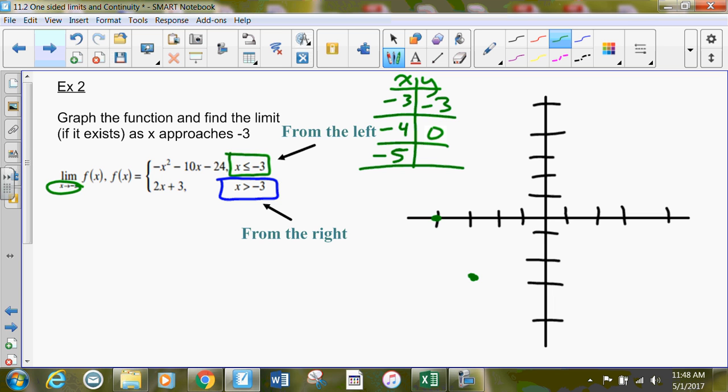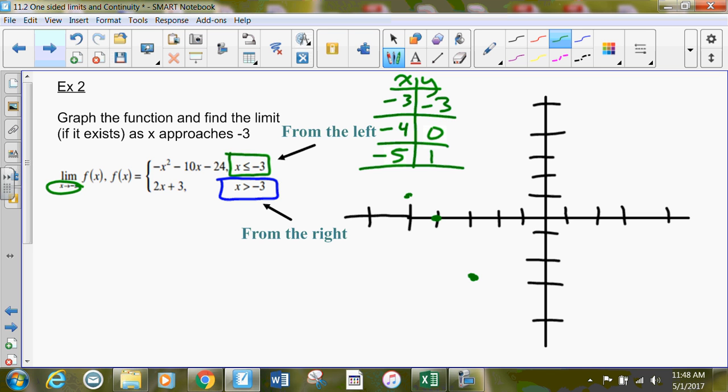So we're going to plug in -5. That's -25 plus 50 and minus 24. So that leaves me with 1. So I'll have -5, 1. And I have a feeling that I'm going to come down at -6. Yes, I am, because there is something for finding the zeros.